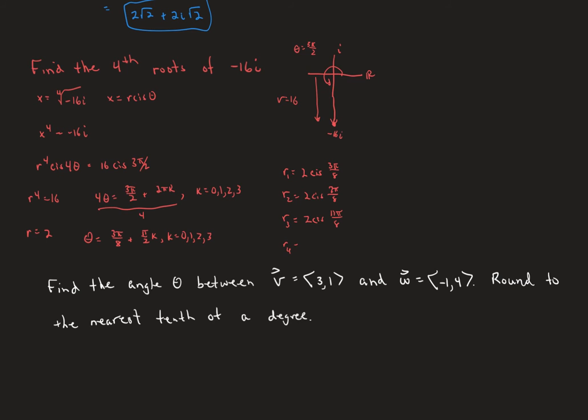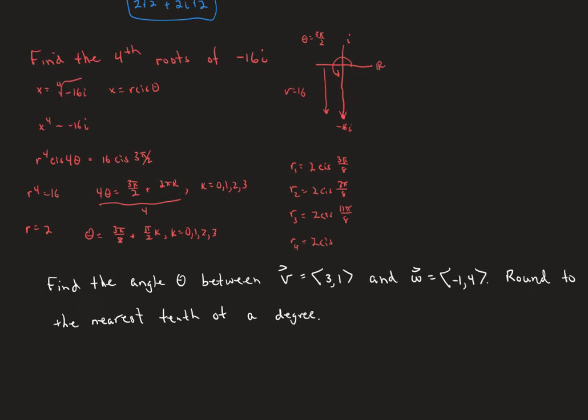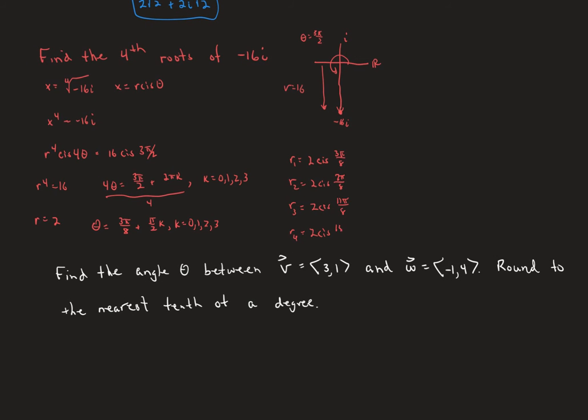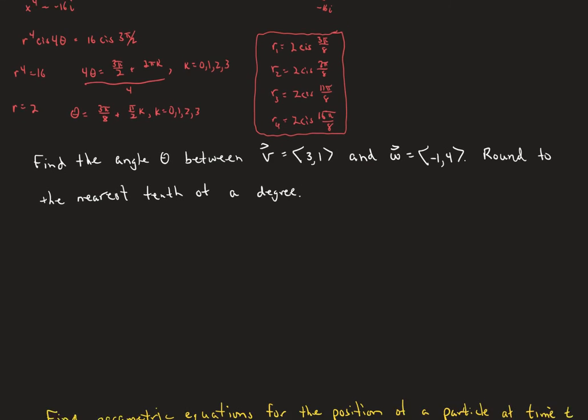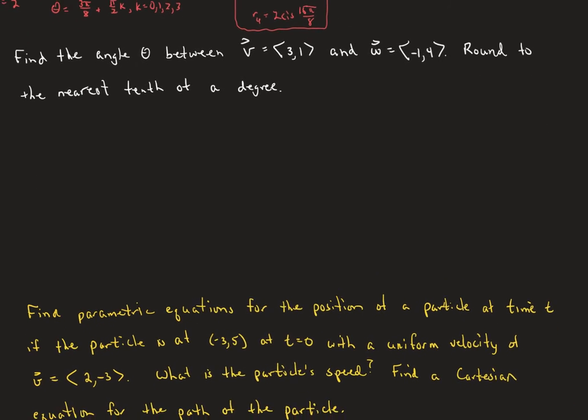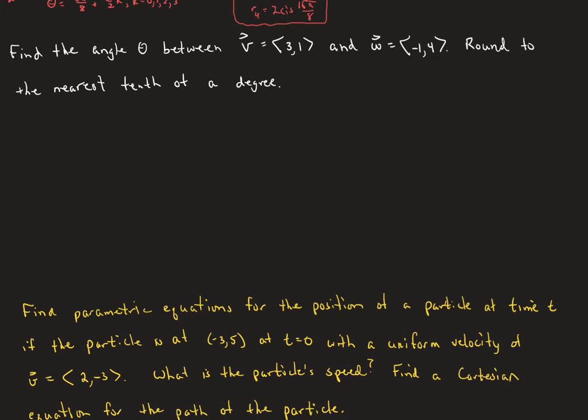And our final one is going to be 2 cis 15 pi over 8. These are messy, not angles that we know, so we'll just leave them in polar form. If the angles turn out to be nice enough that we can do them without a calculator, I would probably ask you to do the rectangular version of them as well.